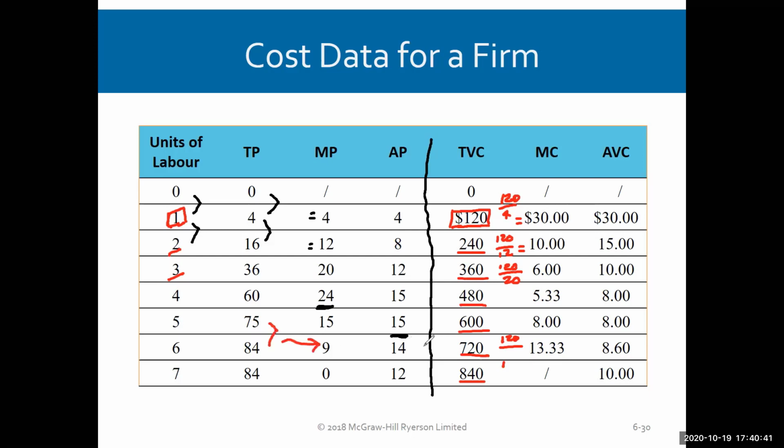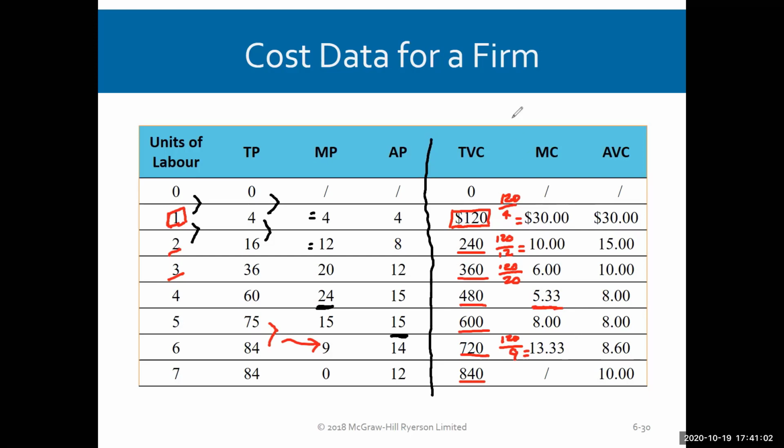That's actually the change in output was 9. And so that shows a marginal cost of 13.3. So, excuse me, one thing I want to identify is, look, marginal cost falls to a minimum and then turns around and starts rising.